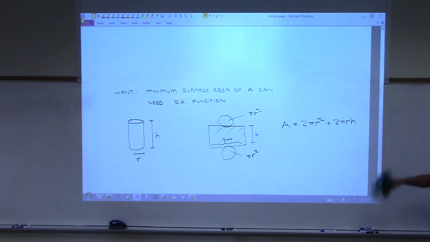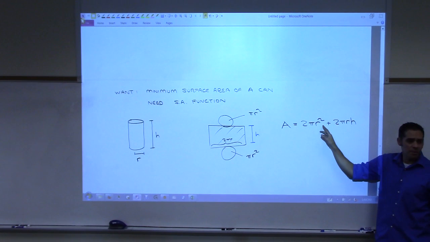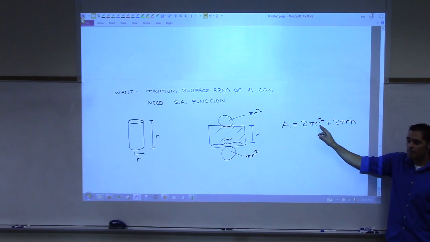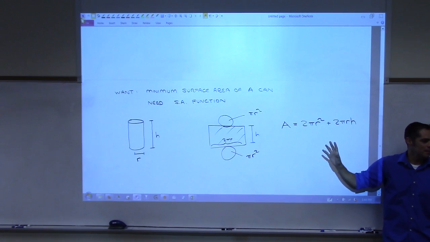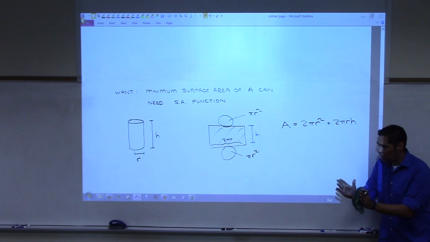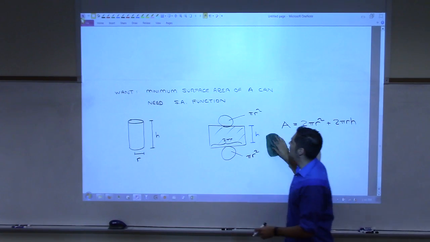All right, so there's our formula, right? This is our equation. Is it a function of a single variable right now? It is not. To get your area, you must provide two pieces of information, r and h. Then I can tell you your area. I don't want that. I want it to be either just r or just h. With me? So now, what did we do in the last problem when we were at this point?